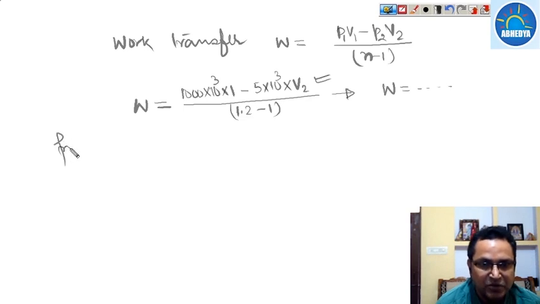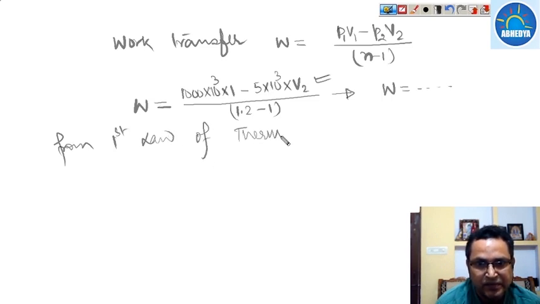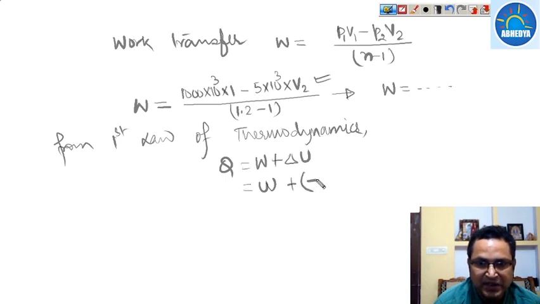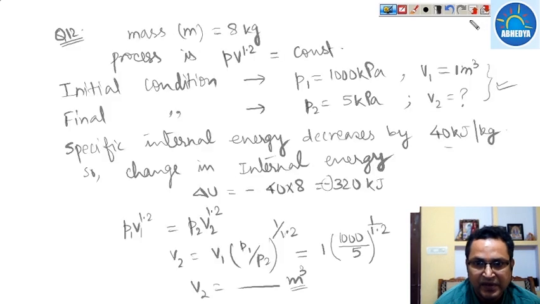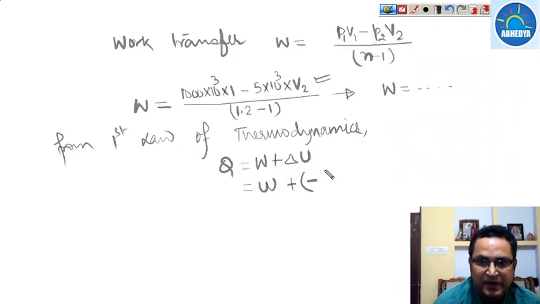Then from first law of thermodynamics, heat transfer Q is equal to W plus delta U. Work transfer we have calculated, and delta U is equal to minus 320 kilojoule.